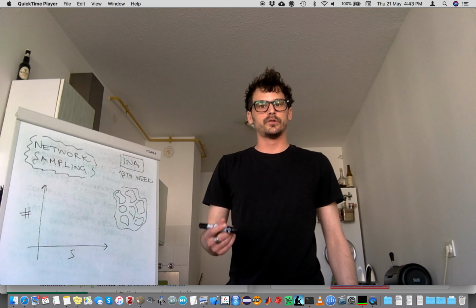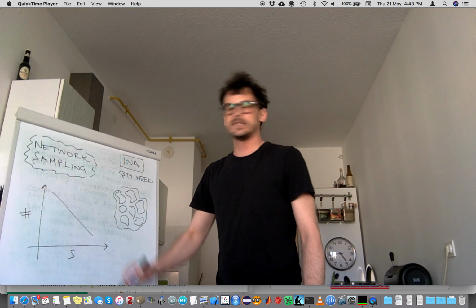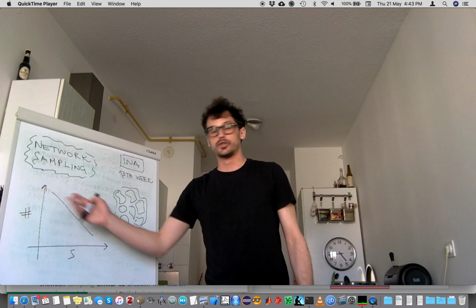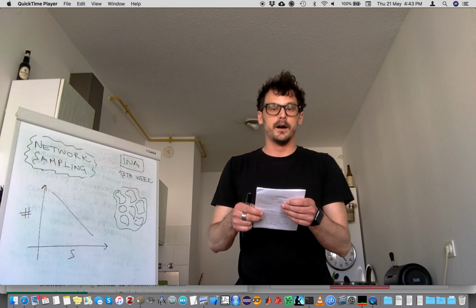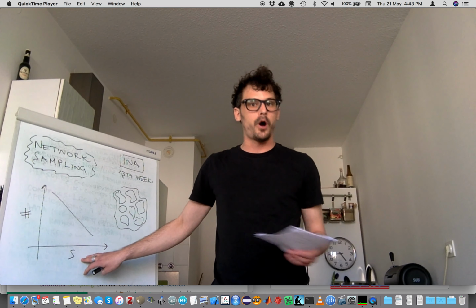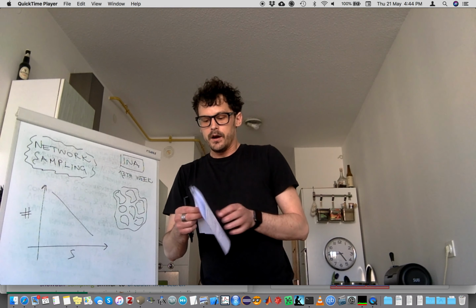And in order to say that the network is self-similar, this should follow a straight line on a doubly logarithmic plot. So basically there should be a power law relation between the sizes of the tiles or boxes and their number.